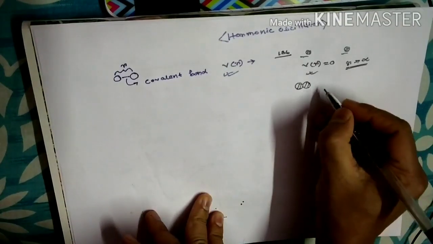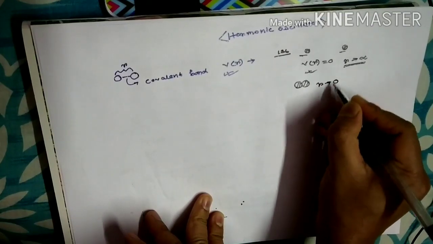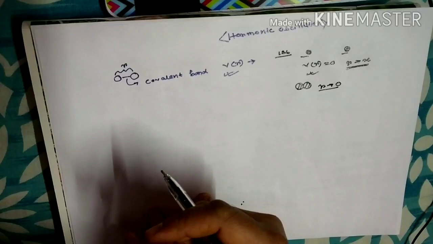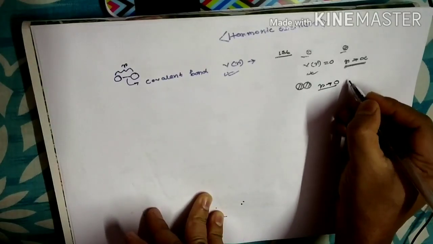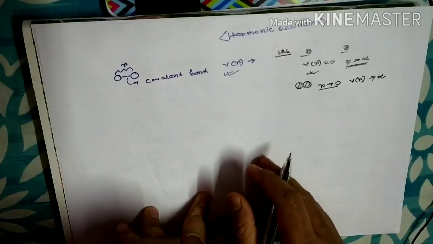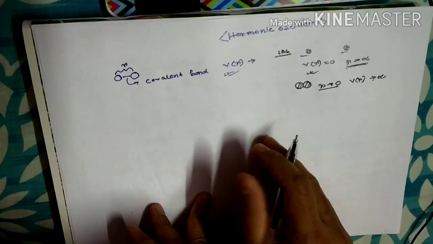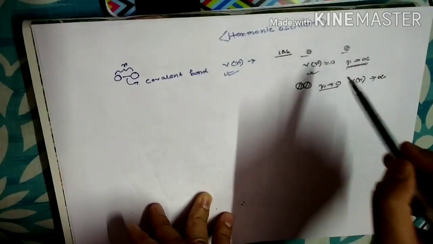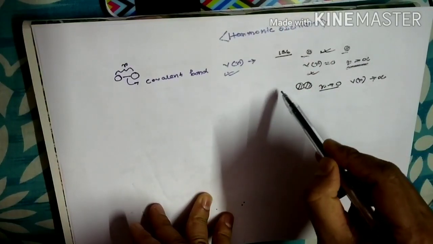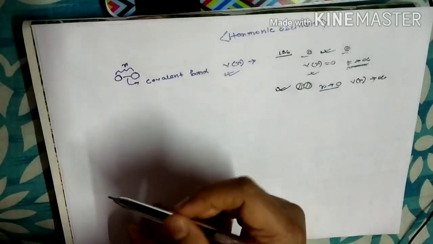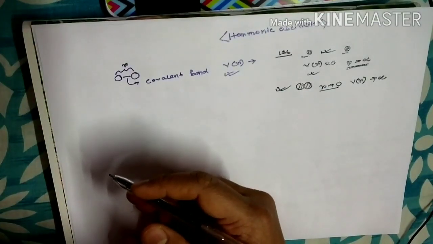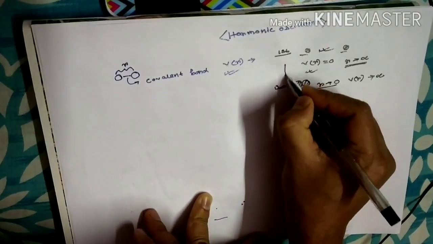So when r tends to 0, the potential energy function will tend to infinity. These are the two extreme conditions: the first when the two atoms are very far separated, and the other when they are very close to each other. Now we will see what happens in between.